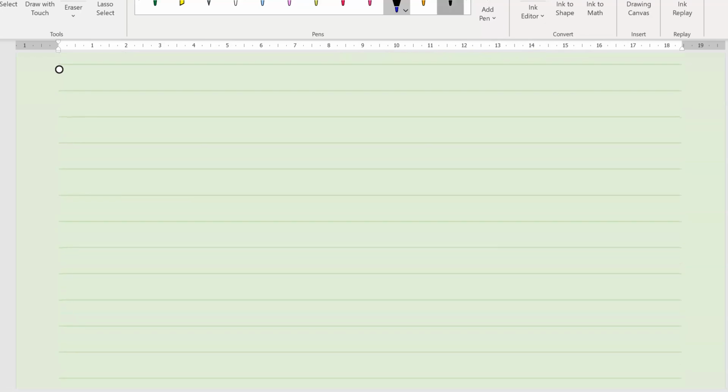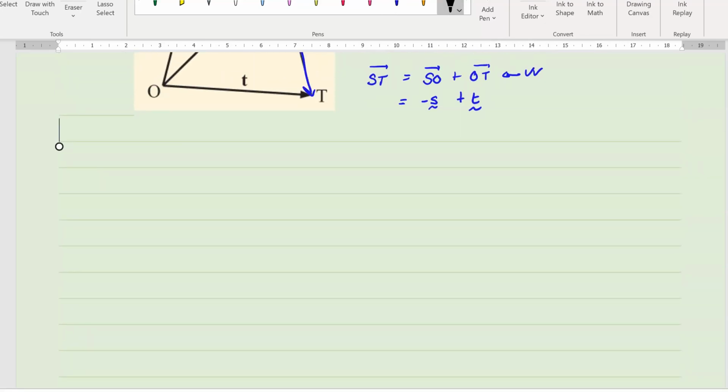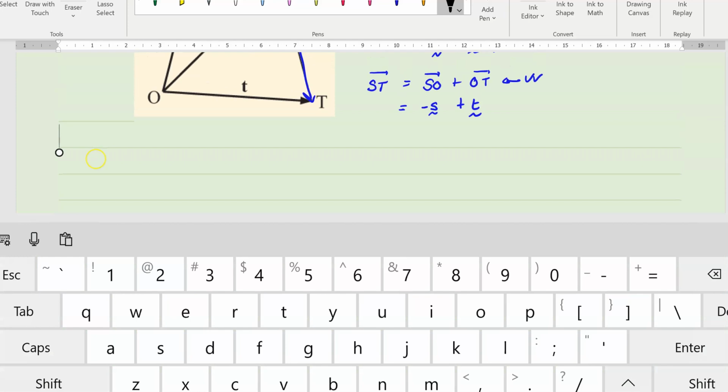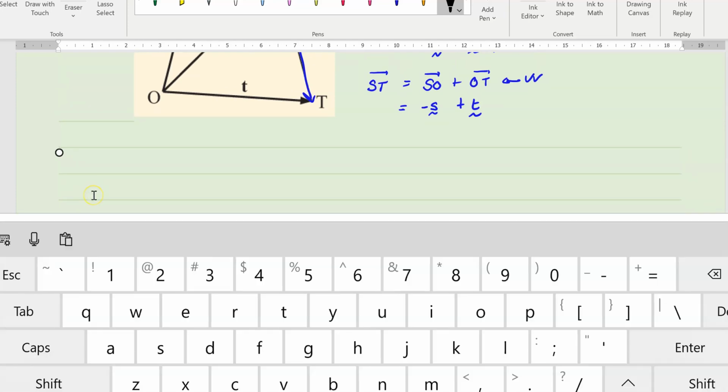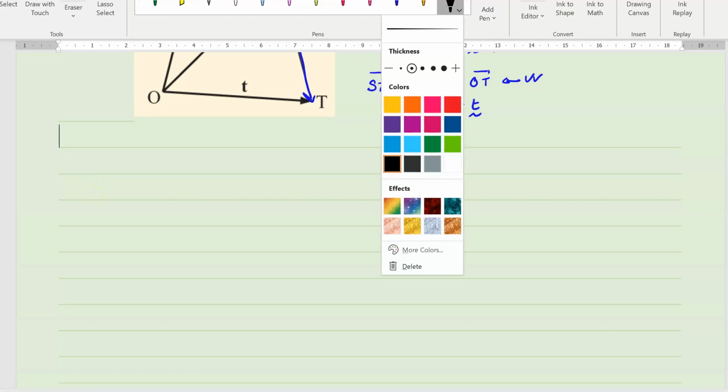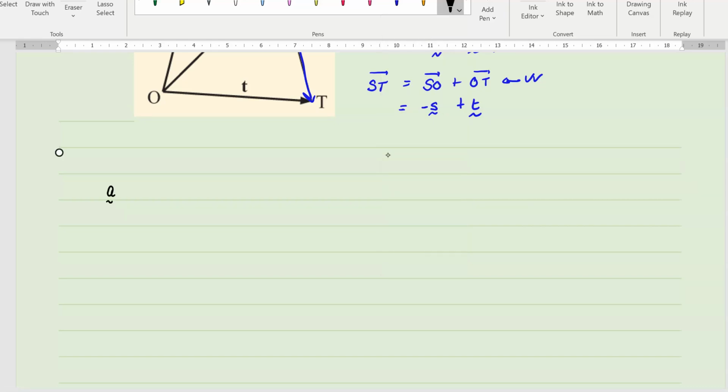Now the next thing is to remind you about the scalar product. I like to call it the dot product because it has that big old dot in the middle of it. Okay, so if I've got two vectors, we'll go back to our A and our B vectors.